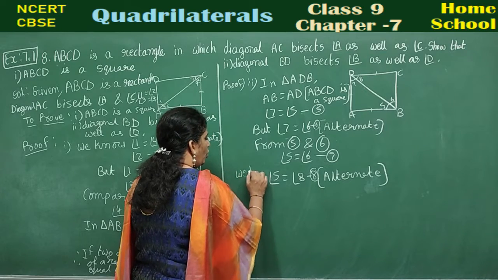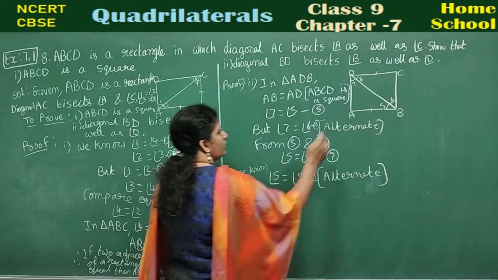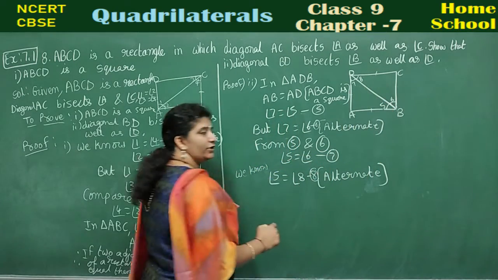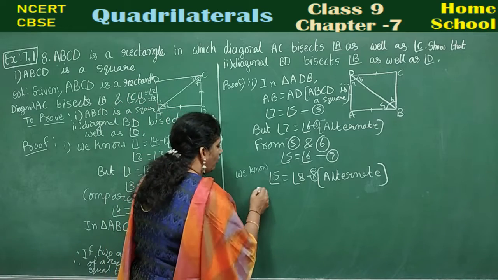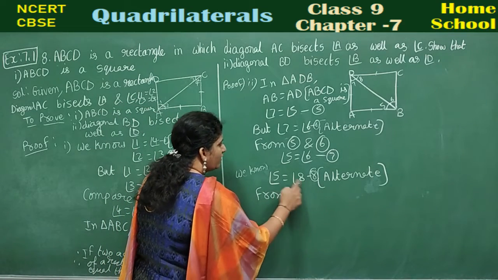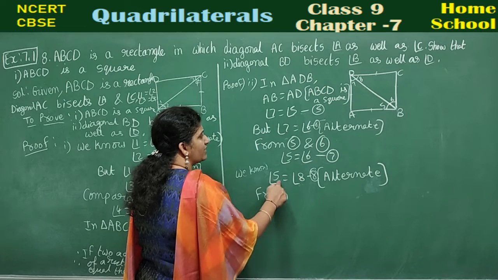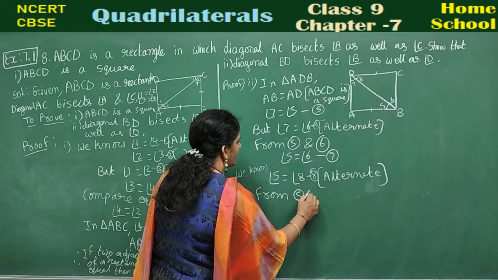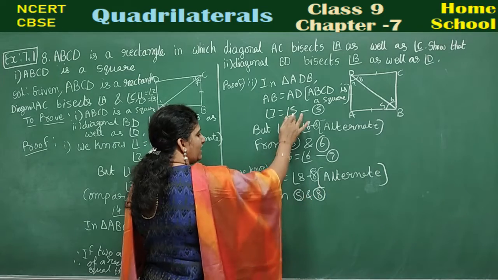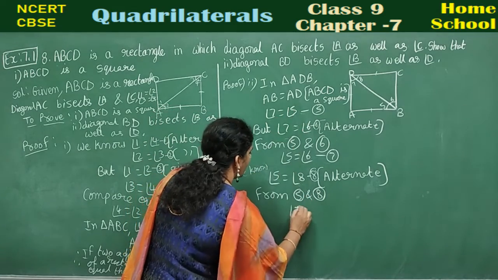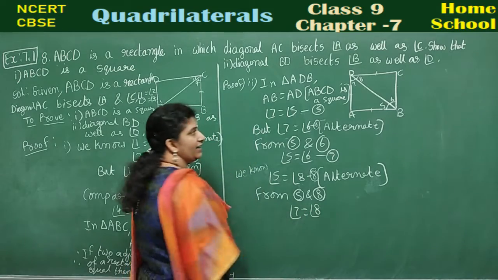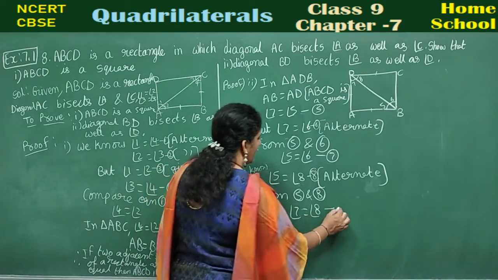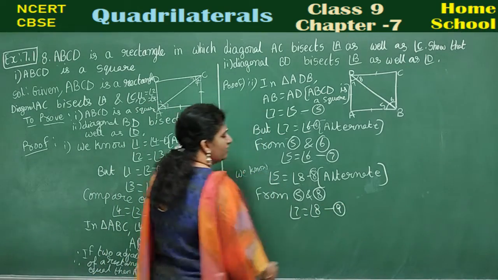See, not only is angle 7 equal to angle 6 as alternate angles, I can say angle 5 is also alternate to angle 8. Now, on comparing 5 and 8, children, which one will we compare? Where is angle 5? Here, this one I will compare. From equation 5 and 8, angle 5 is common. Therefore, angle 7 is equal to angle 8. This angle is equal to this angle. And mark this as equation 9.